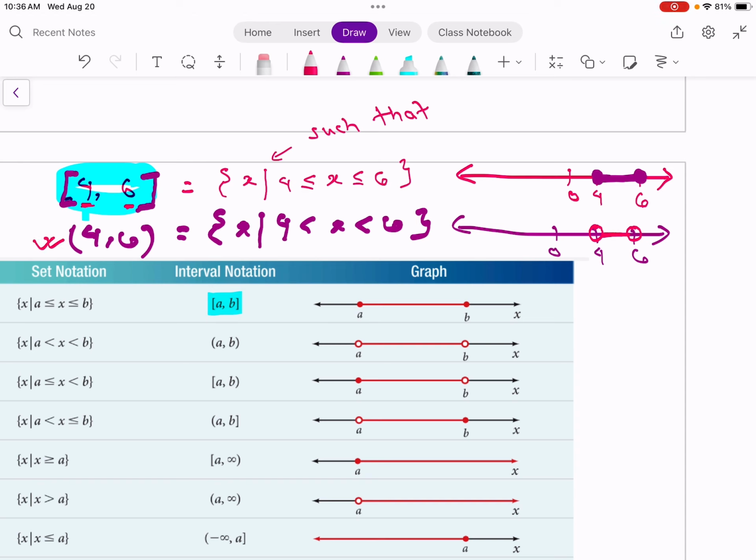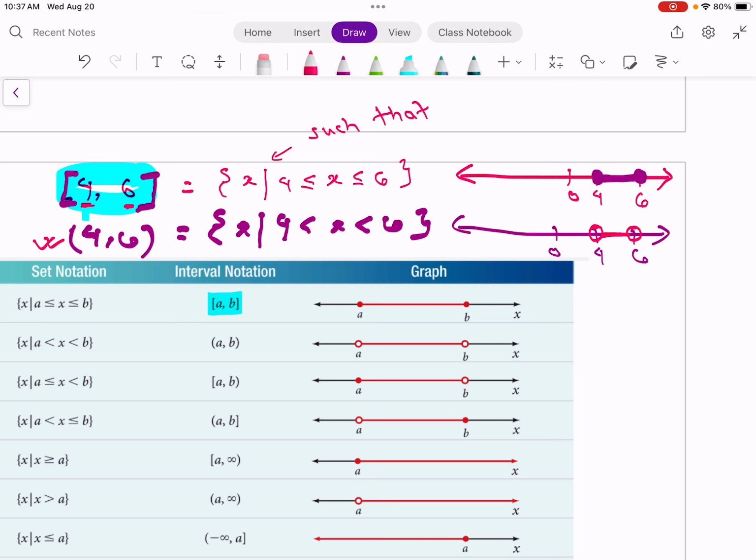If you have a bracket, it's always a closed circle. If you have a parenthesis, it's always an open circle. Closed circle means you are including that number. Open circle means you are excluding that number. If you have equals to here, you are including. If you do not have equals to, you are excluding.